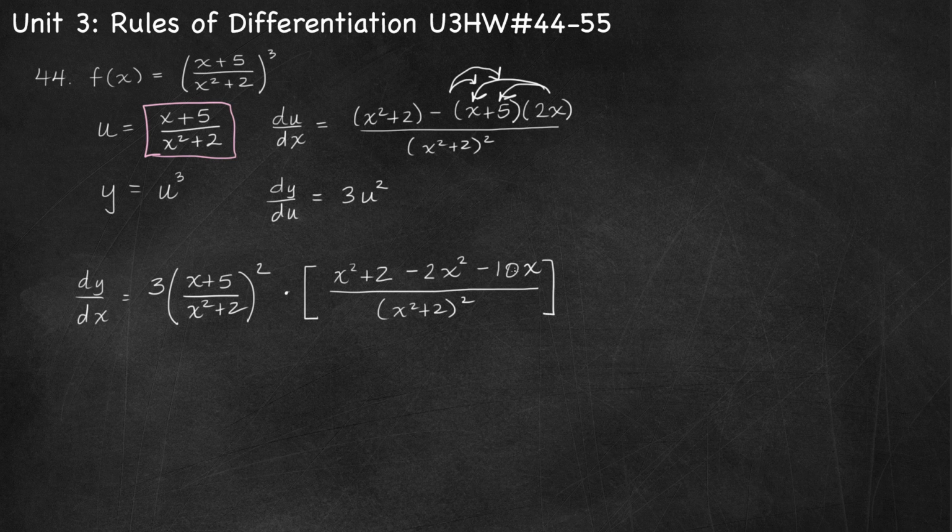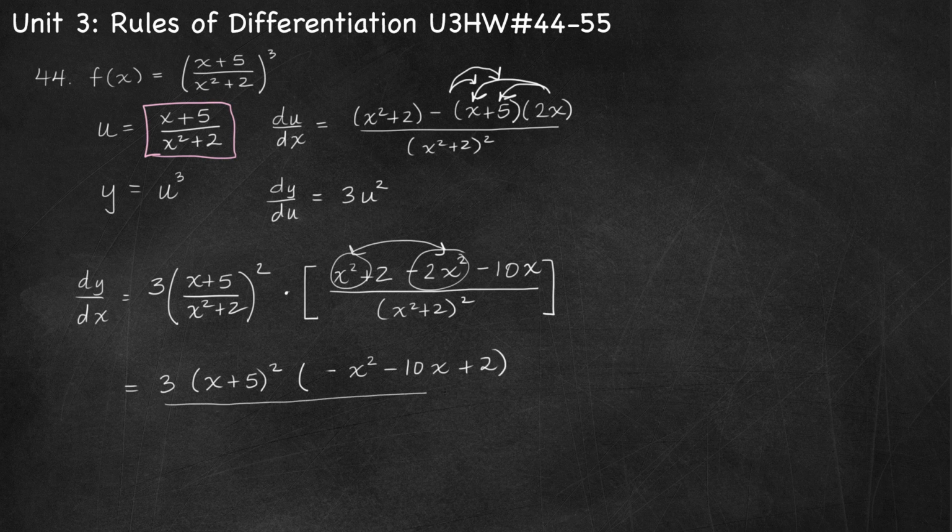So we do have some like terms on the top there. So this is 3 times, now I've got in my numerator x plus 5 squared times, and here I'm going to add these two like terms. The x squared and then negative 2x squared is negative x squared minus 10x plus 2. So that's in my numerator.